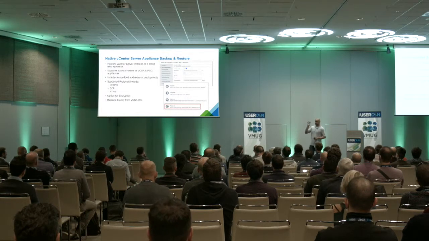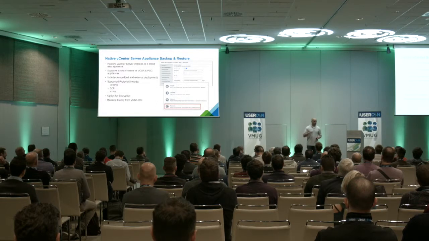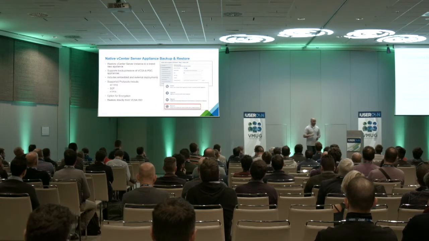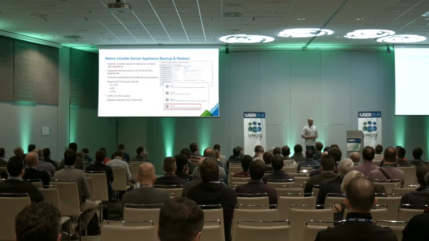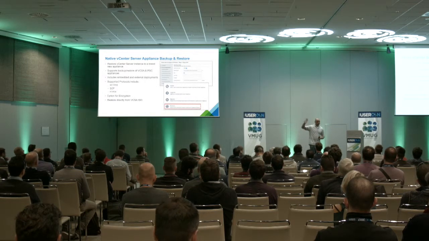It has no clue what the state of the appliance is. Is it good? Is it bad? All you know is you have a checkbox. You have a backup, right? And the only time you know if that backup is good or bad is when you do that restore. And if the restore is bad, well, you can just take your resume, put it out on the internet, and find you a new job, right?